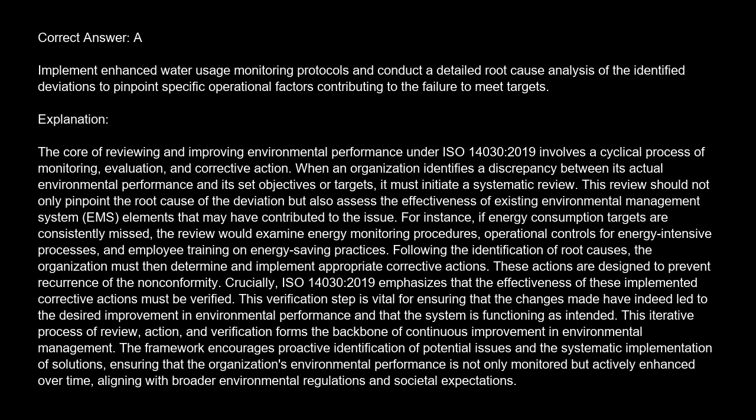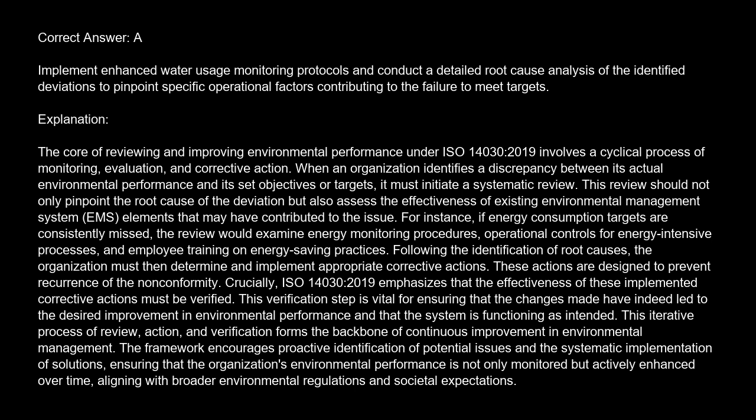Crucially, ISO 14030 2019 emphasizes that the effectiveness of these implemented corrective actions must be verified. This verification step is vital for ensuring that the changes made have indeed led to the desired improvement in environmental performance, and that the system is functioning as intended.